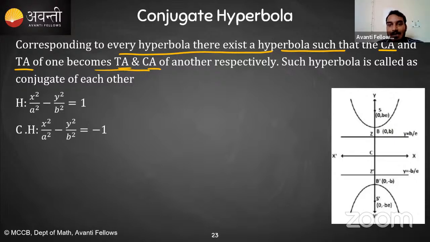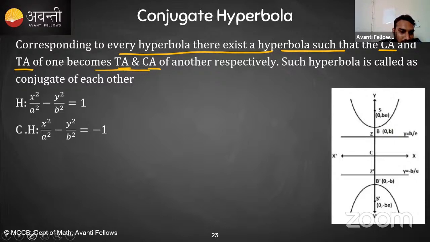What it means is that the transverse axis of one hyperbola becomes the conjugate axis of another, and similarly the conjugate axis of one hyperbola becomes the transverse axis of another. So when this happens, then we say that both the hyperbolas are conjugate hyperbolas. Is this clear, everyone?